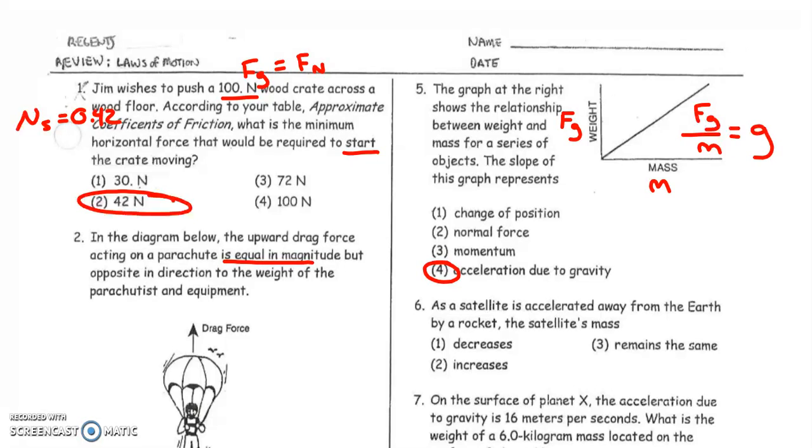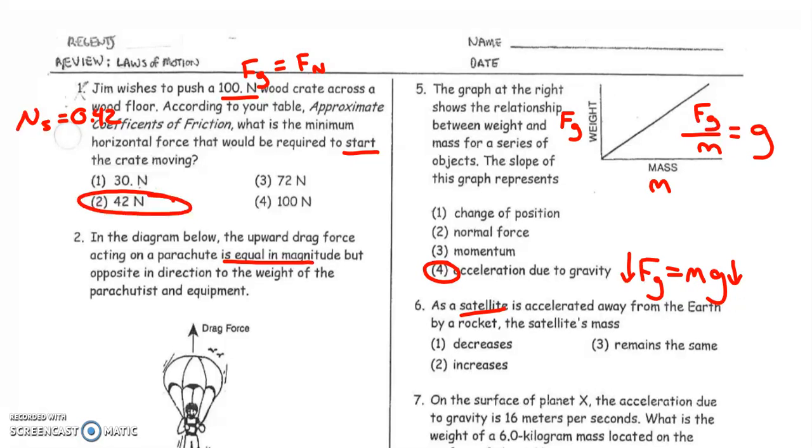Number 6 is a satellite is accelerated away from the Earth by a rocket, the satellite's mass... Okay, so a satellite, and we're looking at the mass. What we do know is that the F of g would go down in theory, because as you get further away from the Earth's center, the value of the gravitational field is less and less, so the weight of the satellite would become less and less.